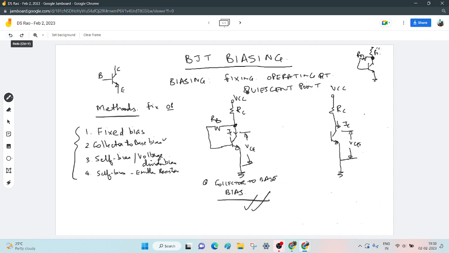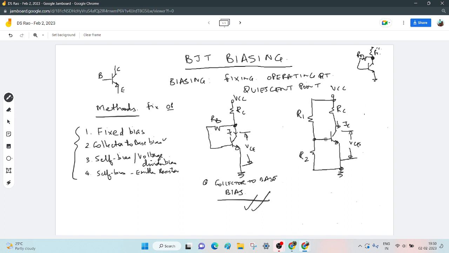Base current will come not by a single base resistor but by a voltage divider. I will take two resistors. I will call this R1, I will call this R2. I will divide VCC using R1 and R2. I will get some voltage here.